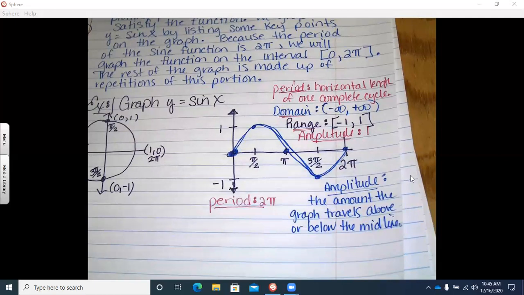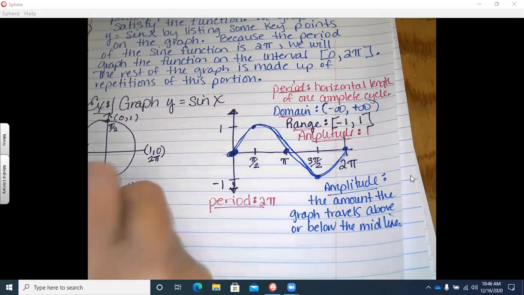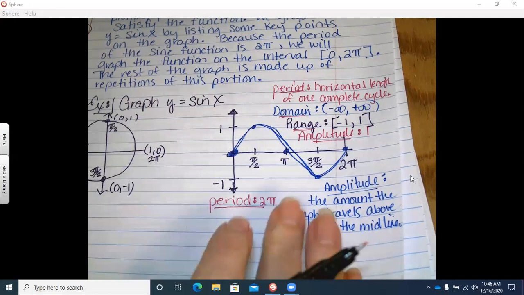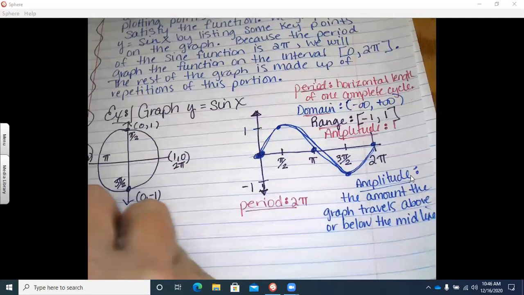And then just one more thing to note, it talks about phase shift and shrinks and stretches. When you have the most basic sine function, which is what we just graphed, we don't have those things, so we're not worried about that yet. But I do also want to note that the sine function is odd. We have odd and even functions.